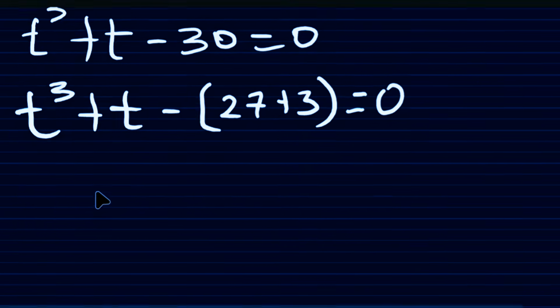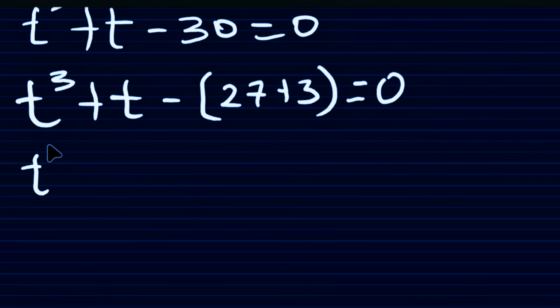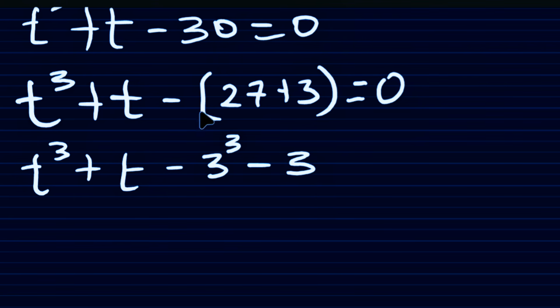So from here we have t^3 + t - 27 can be written as 3^3, because 3^3 equals 27. So we can write minus 3^3, then minus 3. If you use this minus to open this parenthesis, we are going to have negative all through, and this equals 0.